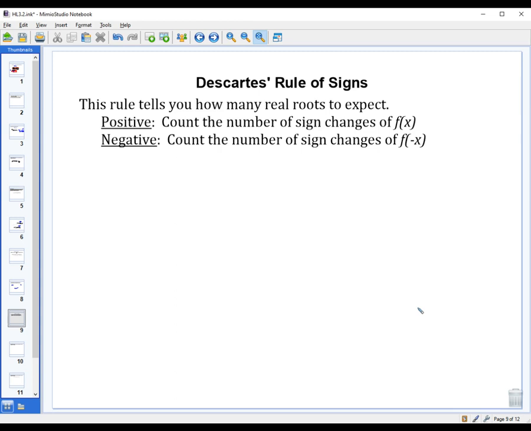And for negative, we want to count the number of sign changes that the function has if we were to plug in negative x. Now, these are always going to be in pairs. Or in other words, we always go down by 2 for possible number of solutions.